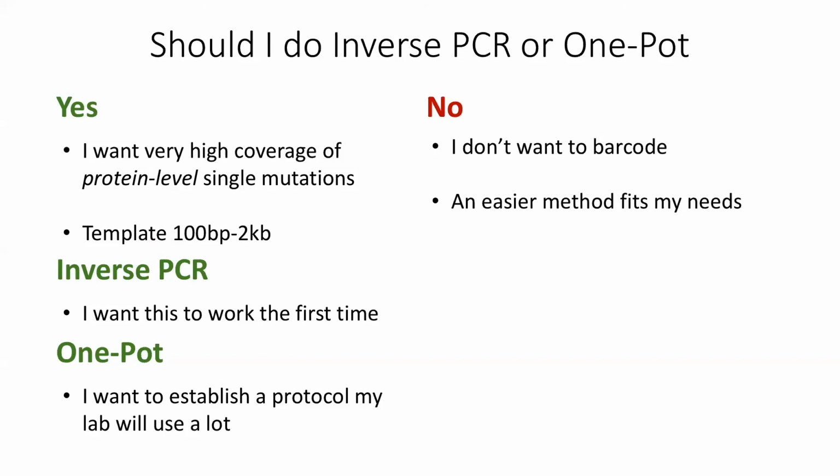If you want to do this a bunch of times in your lab, it might be worth establishing a one-pot protocol in your lab that you can use over and over again. And then the only real reasons to not use these methods are if for some reason you really don't want a barcode, or if an easier method like Doped-Oligo is sufficient for your needs.